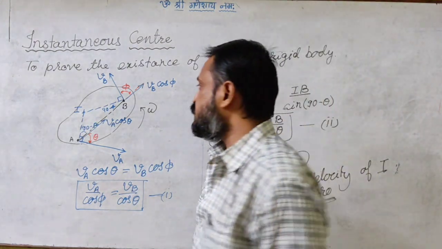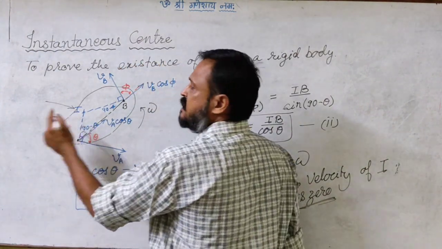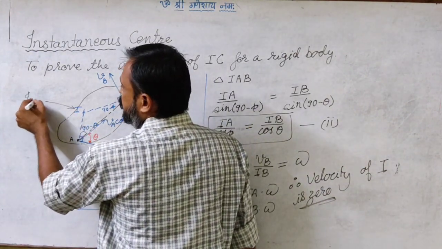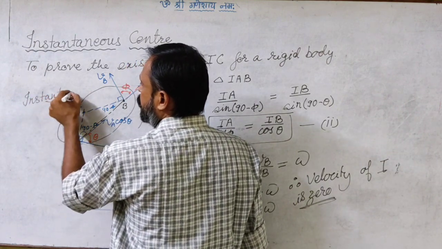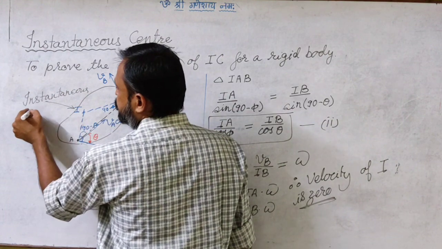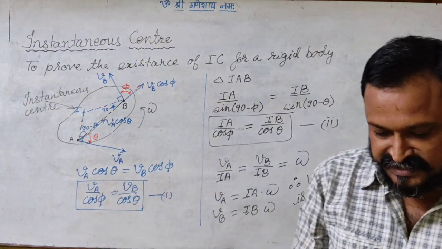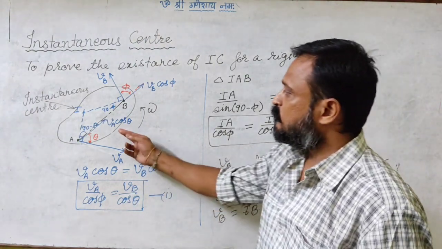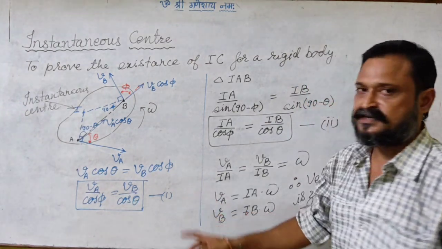So the point I is the instantaneous center of rotation for this rigid body under consideration.